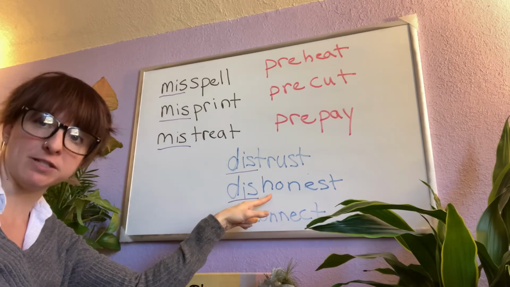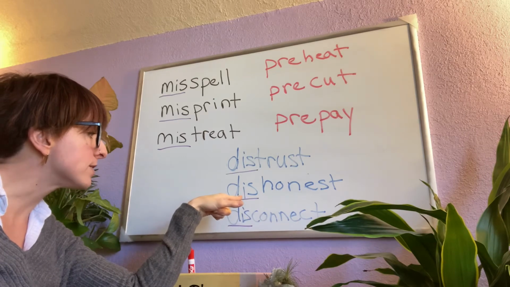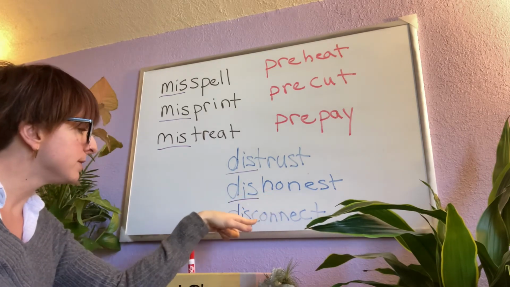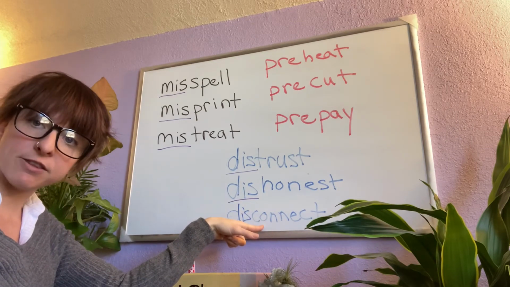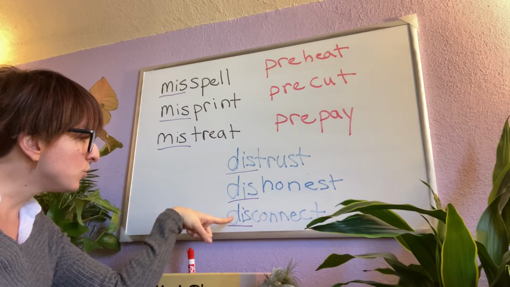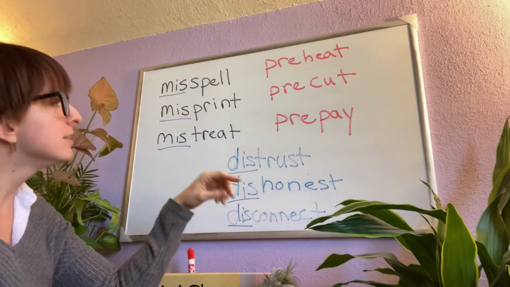Honest means to be truthful, but if you're dishonest, dis means not. So this is not honest, the opposite of. Connect, to put together, but when you put DIS, it means to not connect, to take it apart.